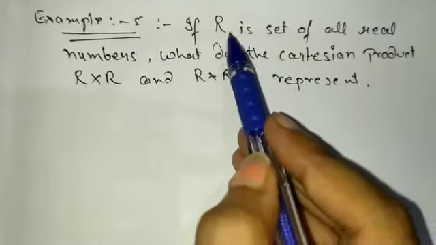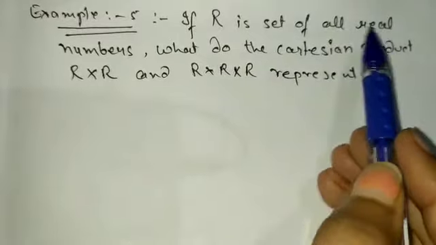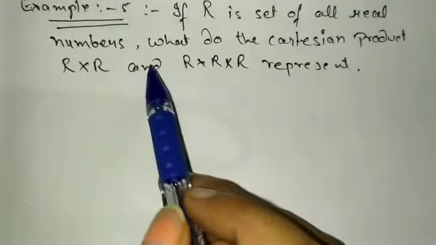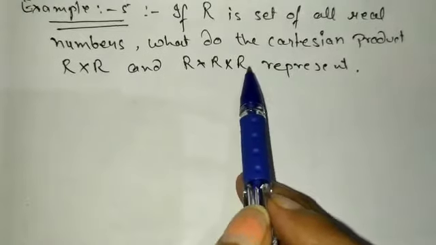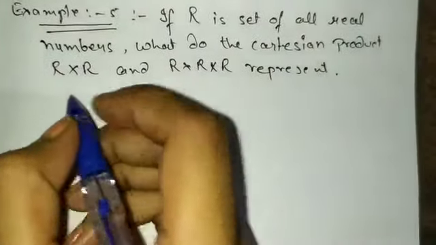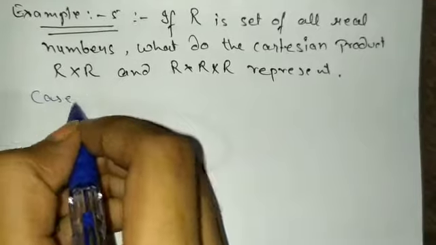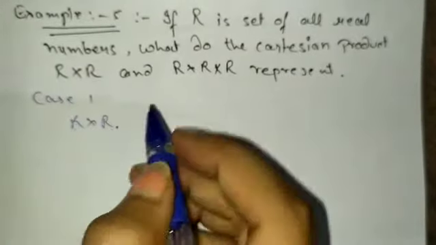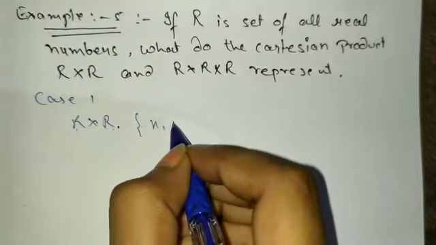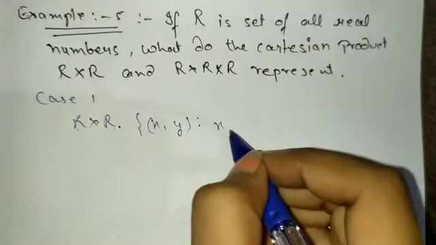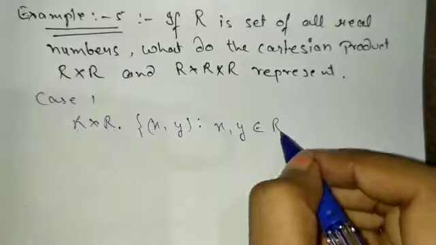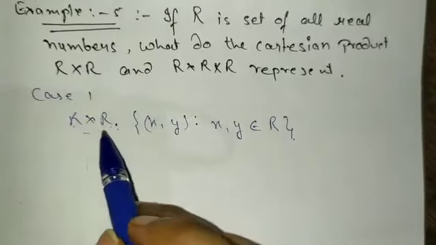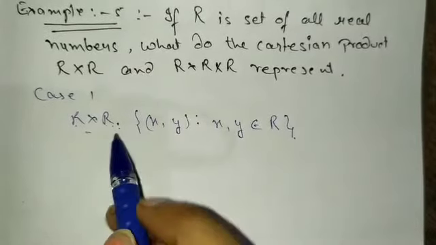Example 5. If R is the set of all real numbers, what do the Cartesian products R into R and R into R into R represent? First case, R into R. We can say that R into R is a set of elements (x, y), where x and y belong to R and it represents the coordinates of a point in two-dimensional space.